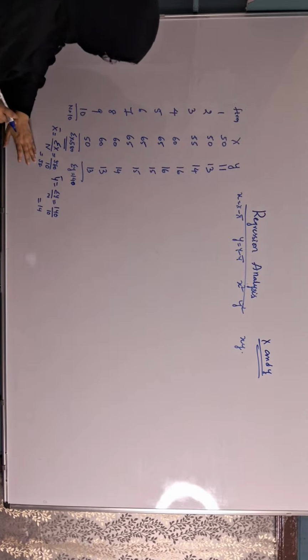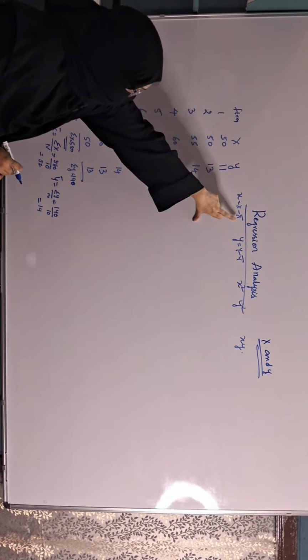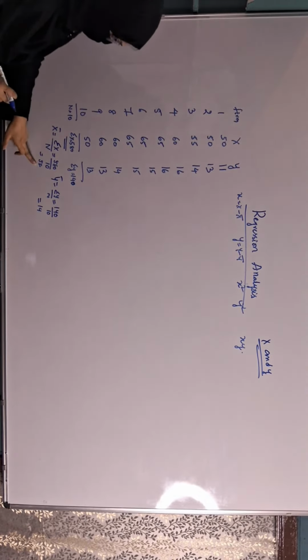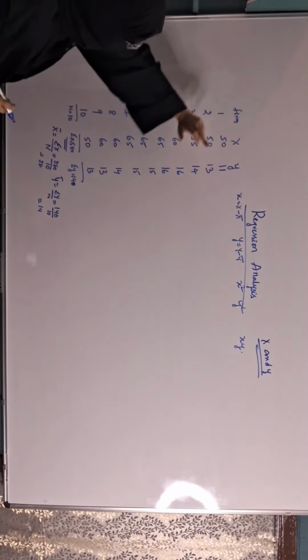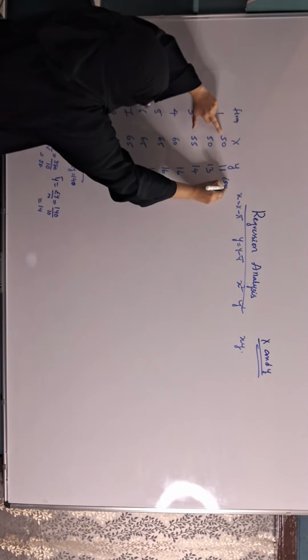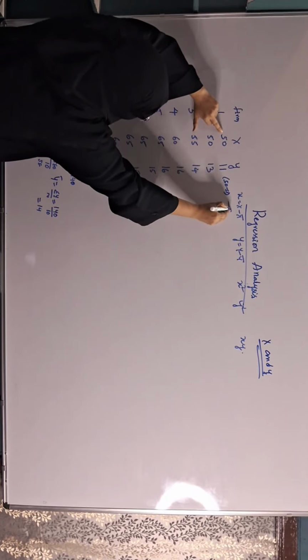So now this 58 is your x bar. Okay, x minus x bar. X bar is your 58. X bar you got and y bar you got. So x minus x bar. X is this. I am writing it small here for your clarification. 50 minus 58, minus 8 you will get.